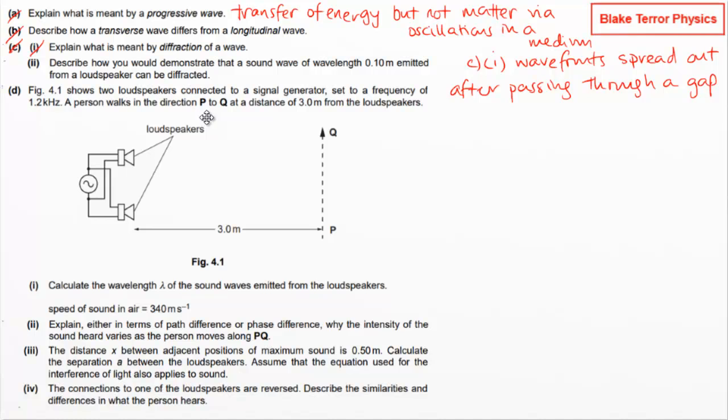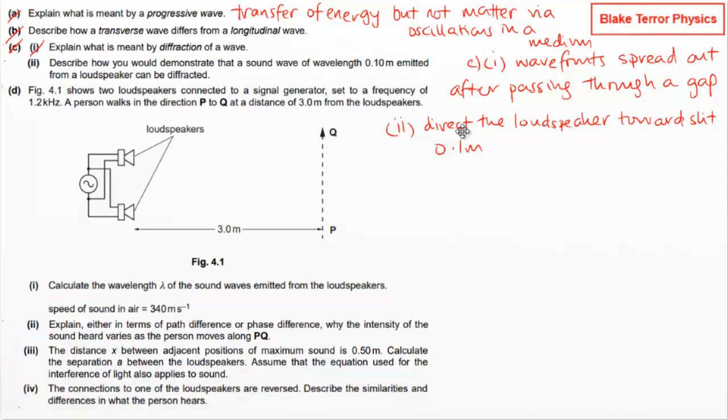Describe how you would demonstrate that a sound wave of wavelength 0.1 meters emitted from a loudspeaker can be diffracted. Okay, so we're going to want to do a number of things. Again, you want to do this in steps. So let's direct the loudspeaker towards a slit, and we want to make the slit have a similar width to the wavelength.